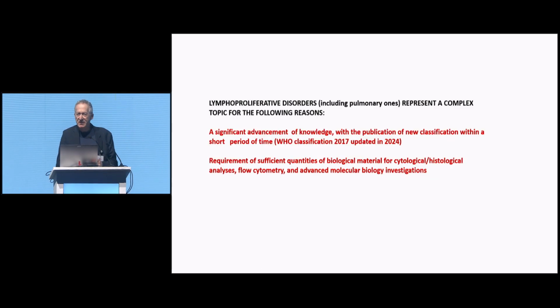Lymphoproliferative disorders are complex, at least for two reasons. We have a very fast and significant advancement of knowledge, as testified by two new WHO classifications in a very short period of time, and a sufficient quantity of biological material for sophisticated analysis is usually needed.